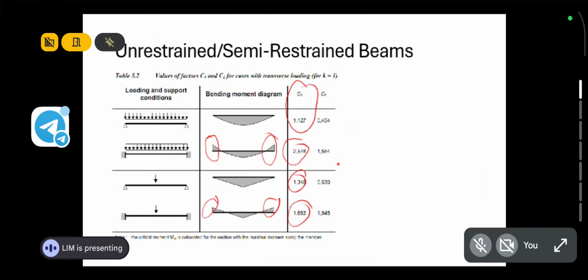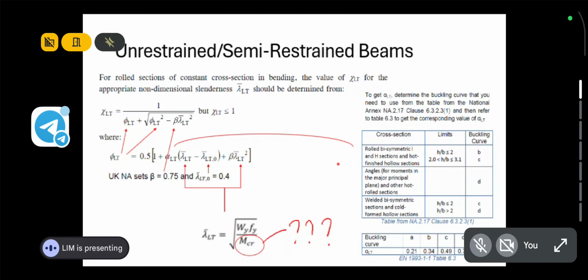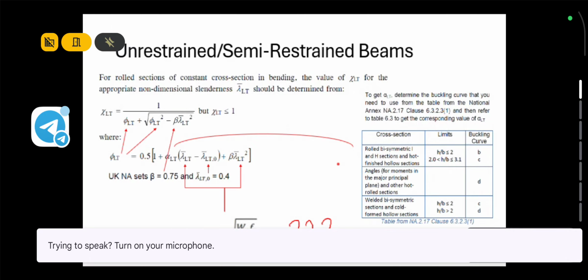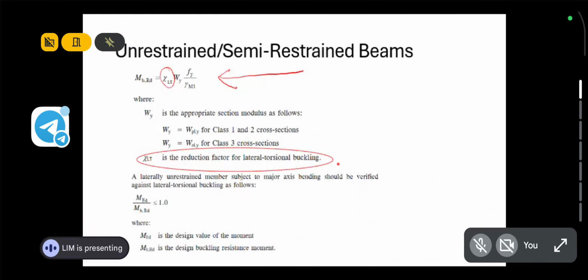So basically, for the actual calculation, you have to start from the last slide, this slide. From this slide, you find out what C1 is. Once you have C1, you go to the slide before, put C1 in here, and calculate MCR. Once you have MCR, you go to the previous slide again and calculate lambda LT. Once you have lambda LT, then you can calculate XLT. Once you have XLT, then you can come in here and calculate the buckling resistance, MBRD.